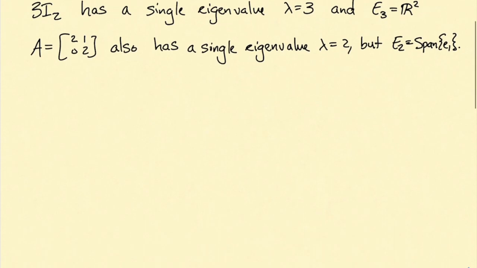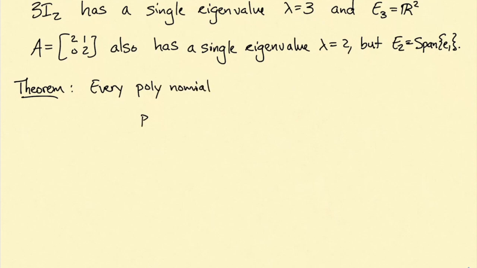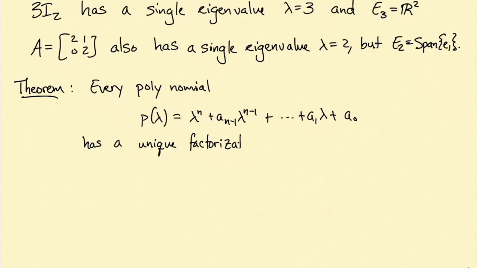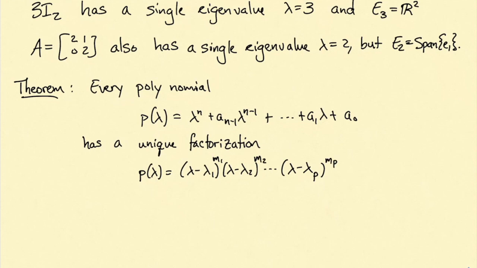The theorem states every polynomial p, which is going to use lambda as the variable, equals lambda^n plus a_(n-1) lambda^(n-1) plus dot dot dot plus a_1 lambda plus a_0, which is a degree n polynomial, has a unique factorization into powers of linear terms, (lambda minus lambda_1)^m1, (lambda minus lambda_2)^m2, down to (lambda minus lambda_p)^mp, where each of the lambda_i's are complex numbers, and the sum of the exponents is n.